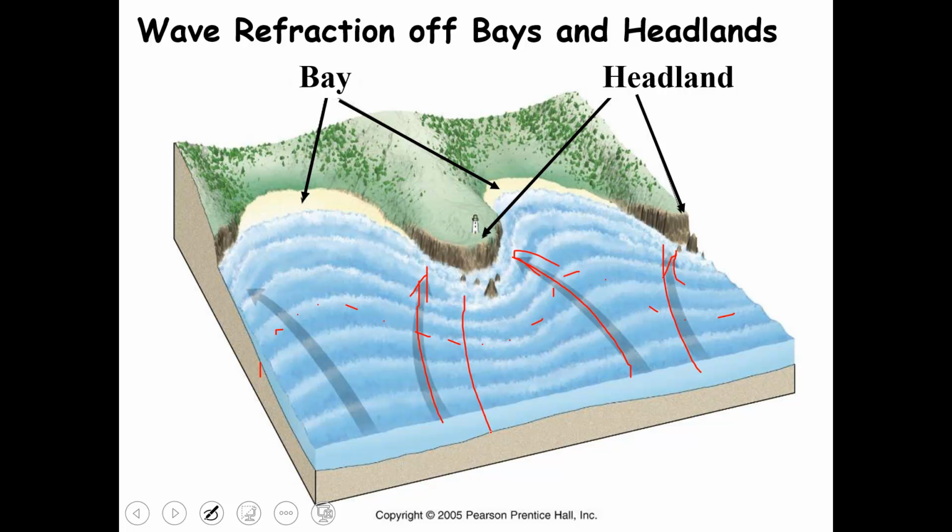Notice how with a headlands area, the wave refraction tends to focus the wave energy on that headland. And conversely, when we have an open bay, the wave refraction tends to cause the wave energy to spread out.